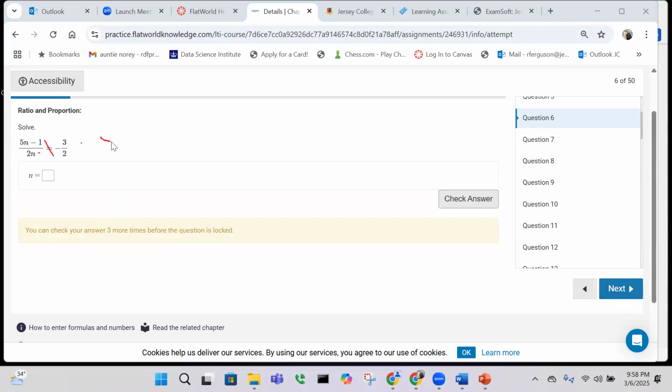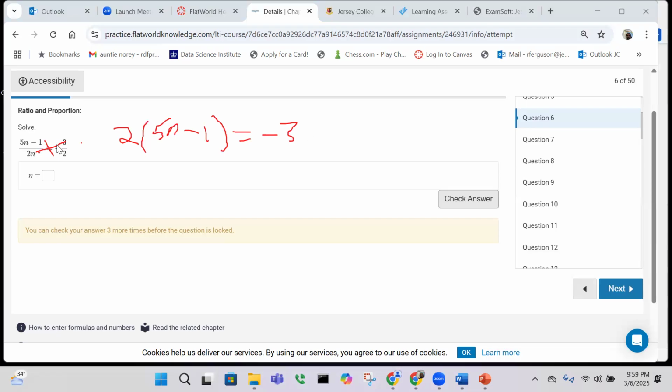I'm going to do this as -2 because of that negative times 5. Actually, I'm not going to do the -2. I'm just going to do 2. I want my positive number over here. That's why I'm doing it. 2 times 5n minus 1, and that's equal to, I'm going to do this cross multiplying, -3.